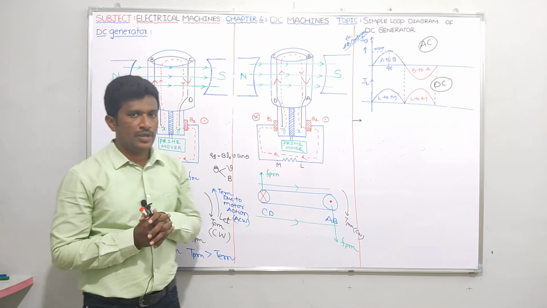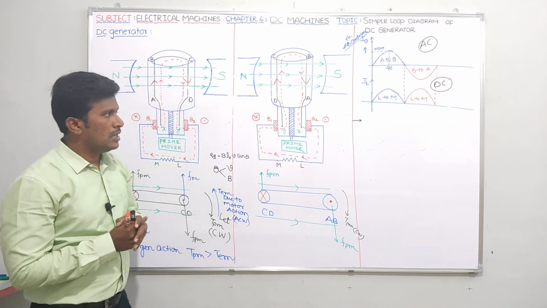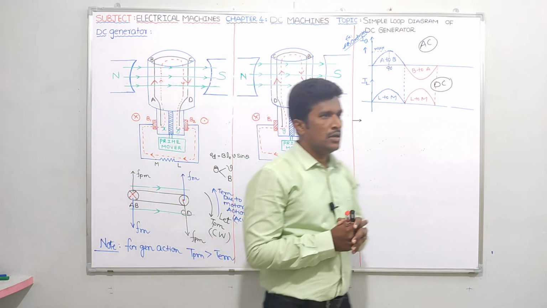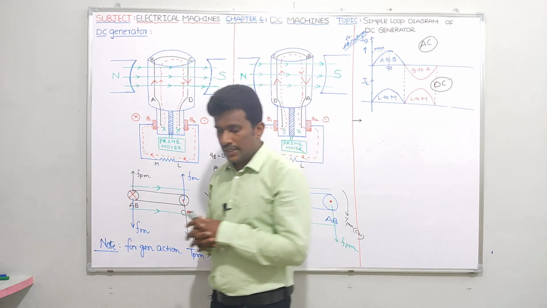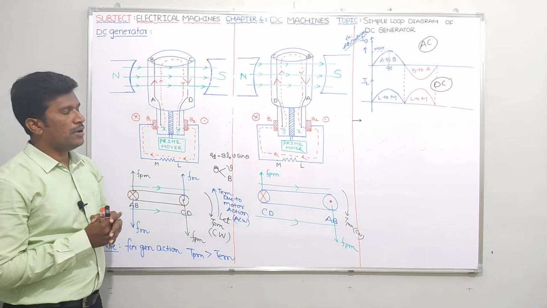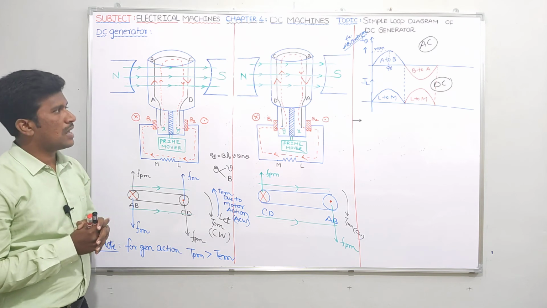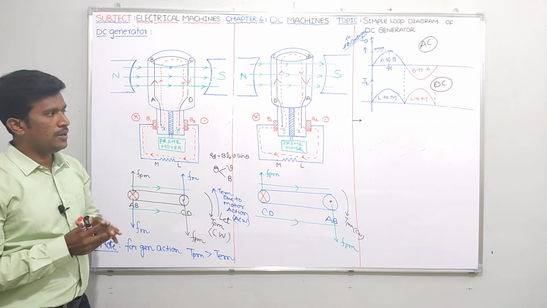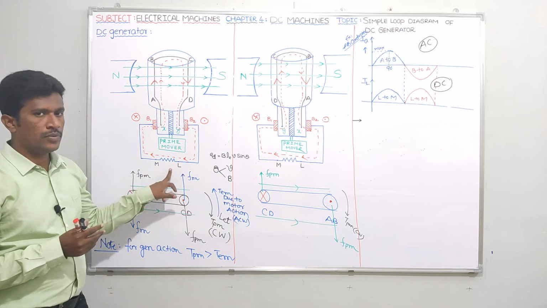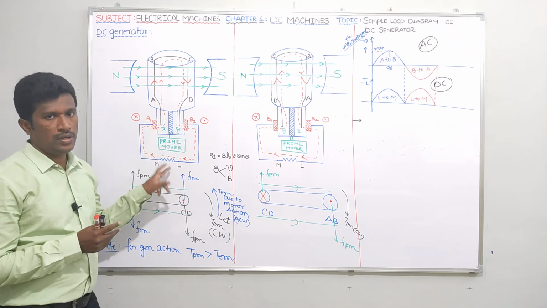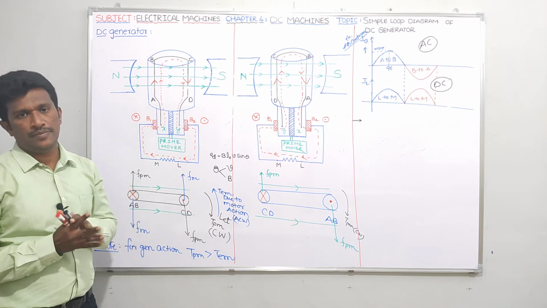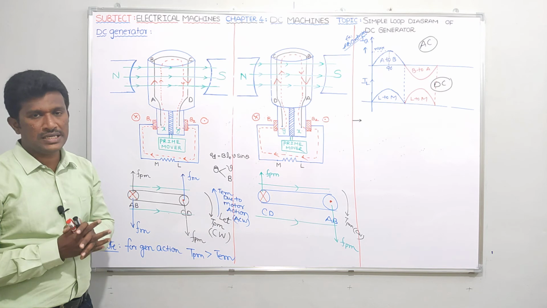Next point. In a DC generator, the type of EMF or current obtained at load is DC.